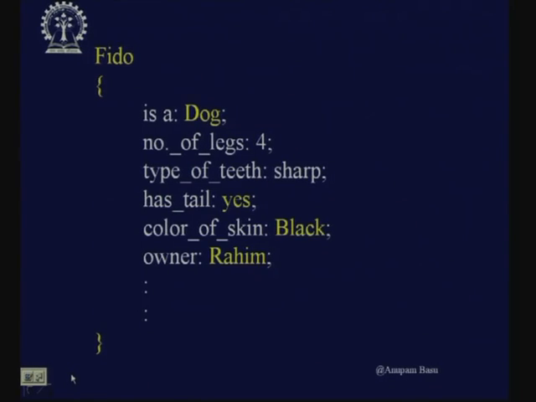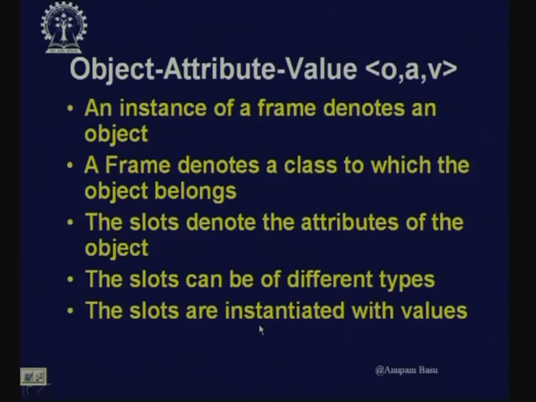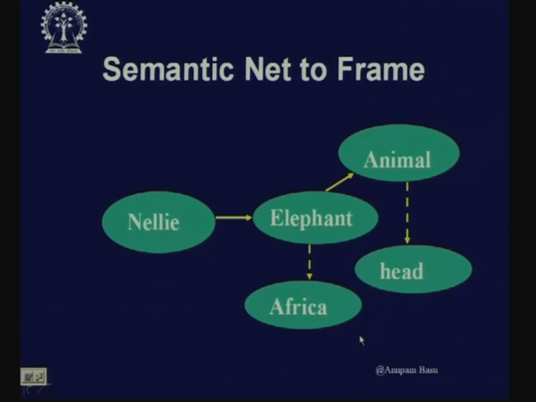Animal, I have intentionally not written these attributes because I hope that you will be able to say what this attribute is. Animal and head, how are they related? I can say animal has part head. Elephant and Africa, how are they related? They are related with elephant found at or lives in Africa. And Nelly is an elephant, elephant is an animal.